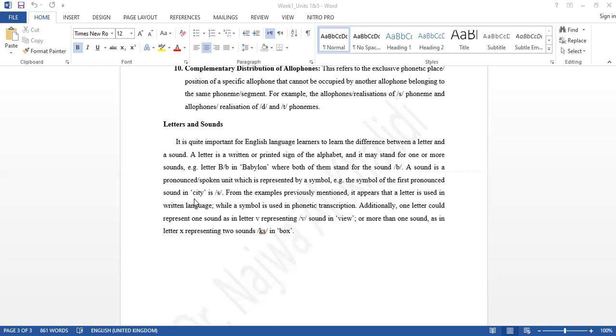Sounds are symbols that help us represent spoken language on paper, okay? They are different. Sometimes a letter represents one sound or two sounds, and sometimes two letters represent only one sound.